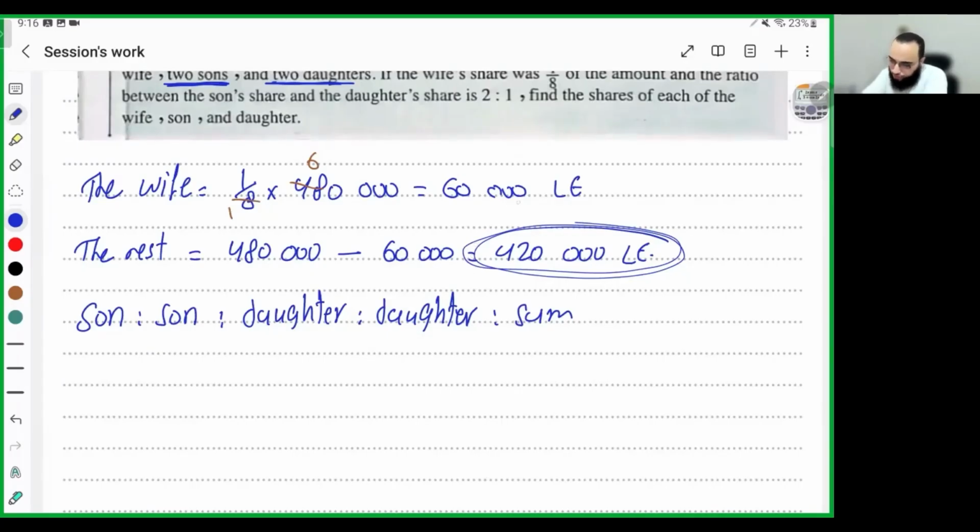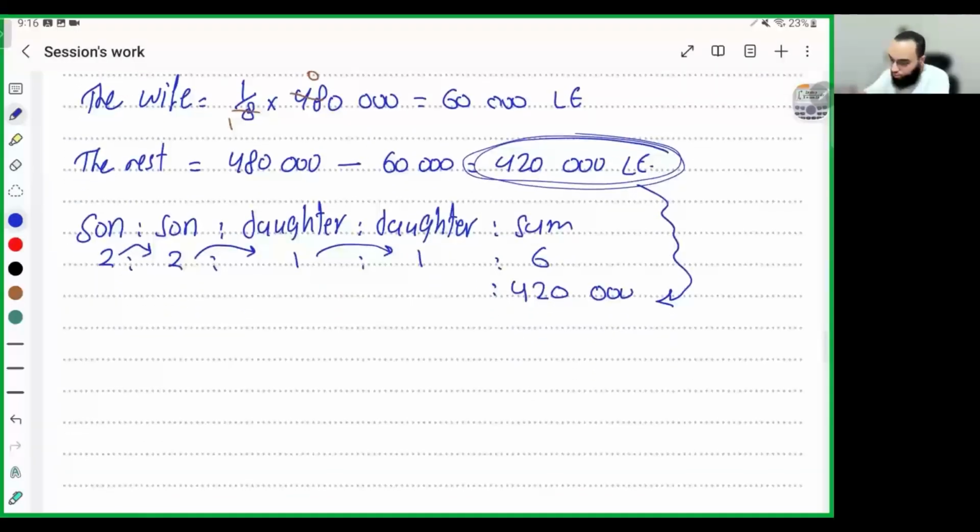We don't care about the share of the wife because we are calculating the ratios between the sons and the daughters. The son is 2, the son is 2, the daughter is 1, the daughter is 1, so the sum is 6. Down the 6, 420,000, which is the share of all the sons and daughters.